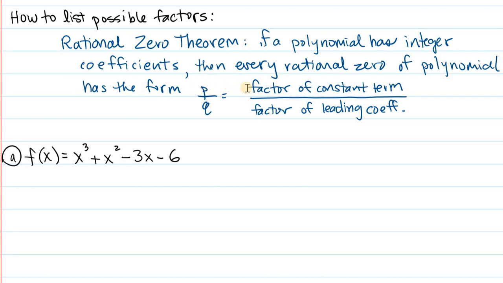That form would be a factor of the constant term, and recall that this is our constant term, divided by a factor of the leading coefficient, and recall that this is the leading coefficient.